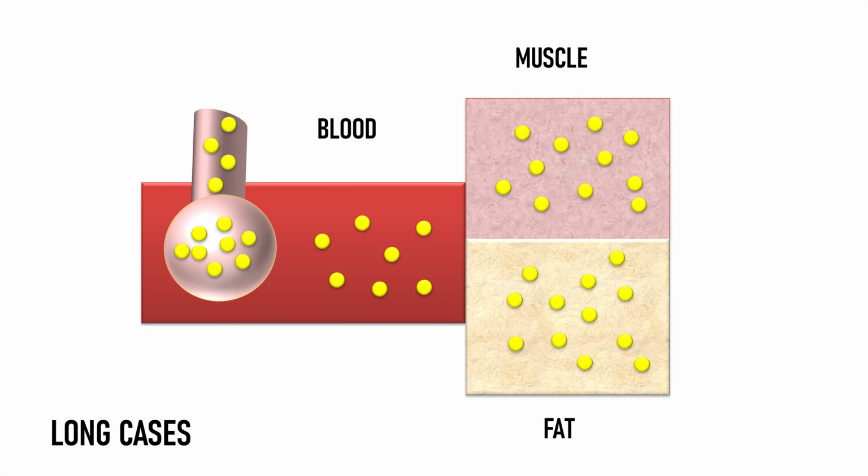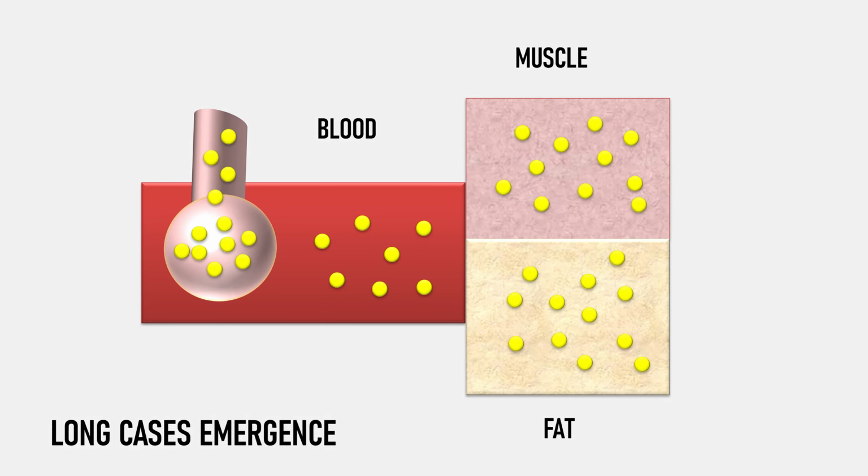During long cases, there is significant tissue accumulation and whole body steady state. During emergence, removal of anesthetic agents from the tissues is variable. It's context sensitive. Blood clears quickly, followed by muscle, followed by fat, and the speed of clearance is determined by the total quantity of agent stored in those tissues.